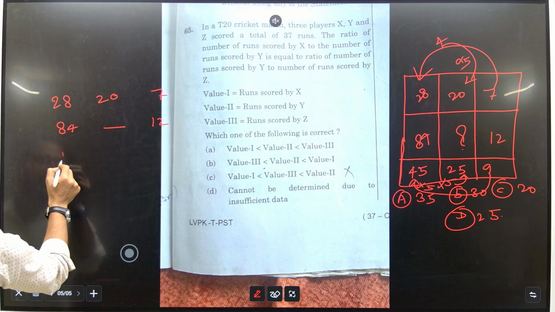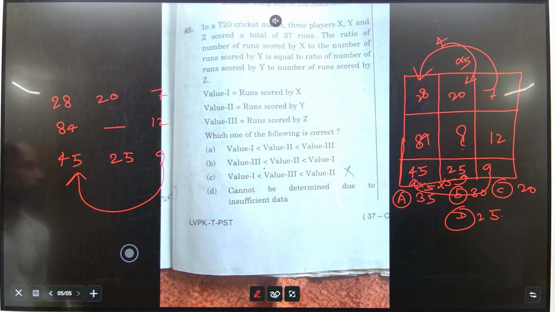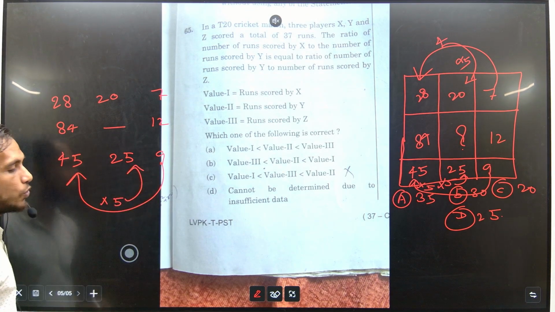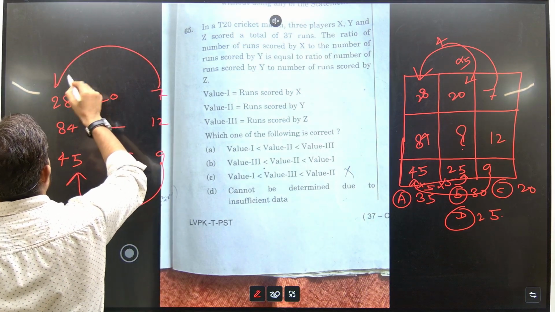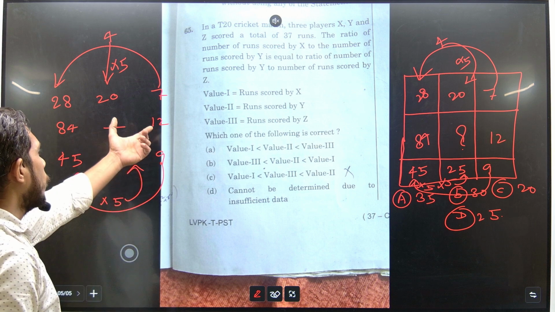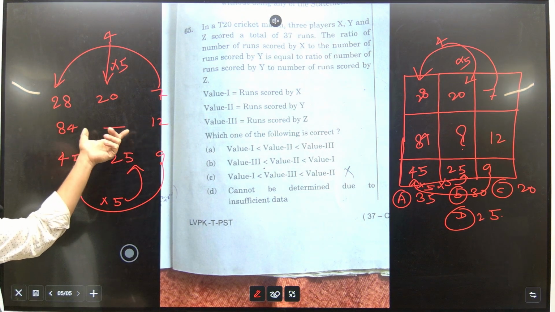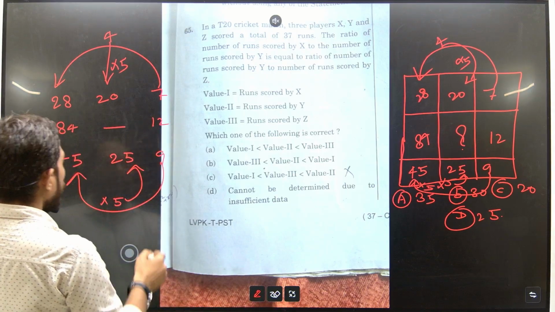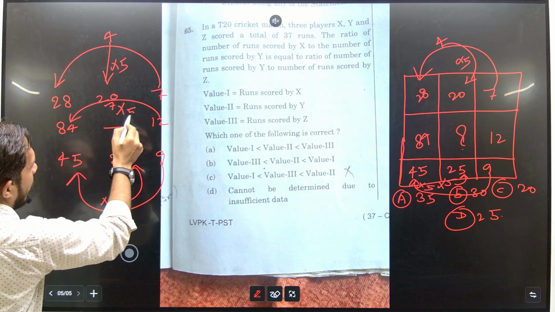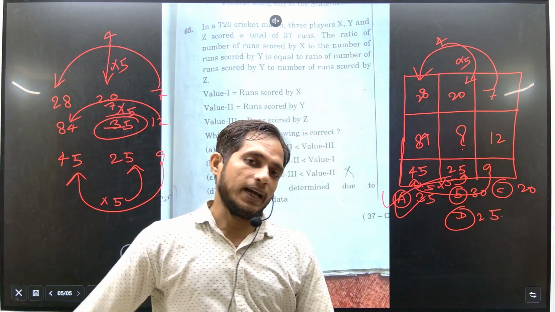In the third line they have written 45, 25, 9. So 9 5s are 45 and 5 5s are 25. Similarly here 7 4s are 28 and 4 5s are 20. So we must apply the same thing for 12, 84 and the dash arrow. So 12 7s are 84 and 7 into 5 becomes 35. So 35, option A is the correct answer.